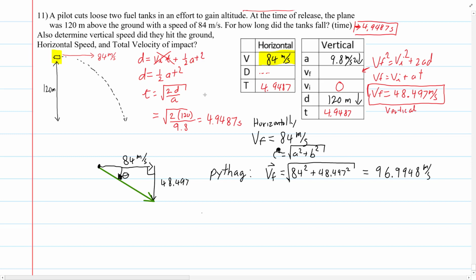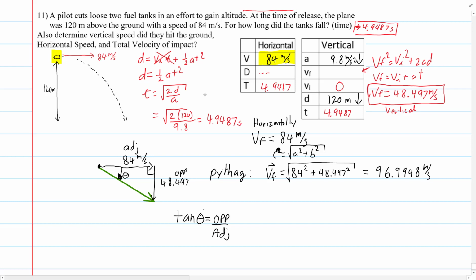So how do I get that angle? Well, we have to use some trig and the tan of that angle. So SOHCAHTOA, opposite and adjacent. This is the opposite of that angle, and this is the adjacent of that angle. And the tan of that angle is equal to the opposite over the adjacent.